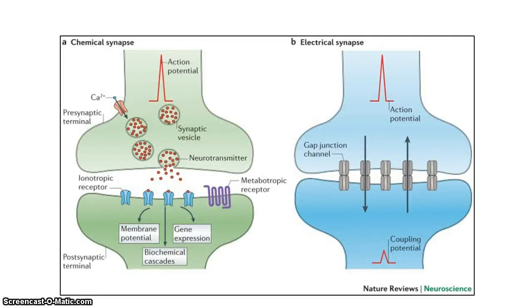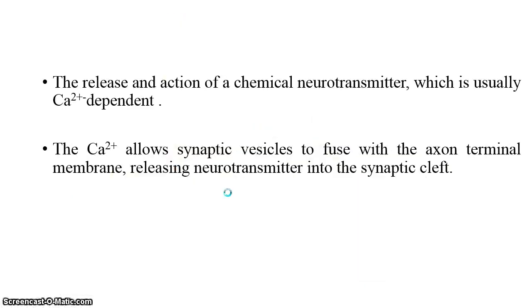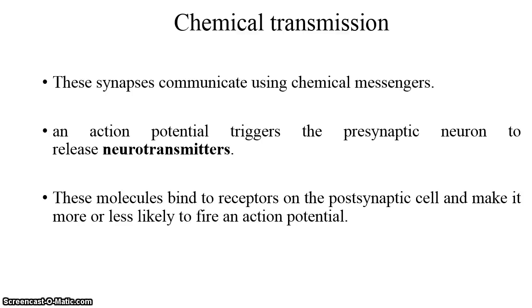Or you can see this diagram. Both the diagrams are very simple. In the next lecture we are going to see the neurotransmitters and their receptors, right? In that we are going to see different types of neurotransmitter. For example, one example of neurotransmitter is acetylcholine.